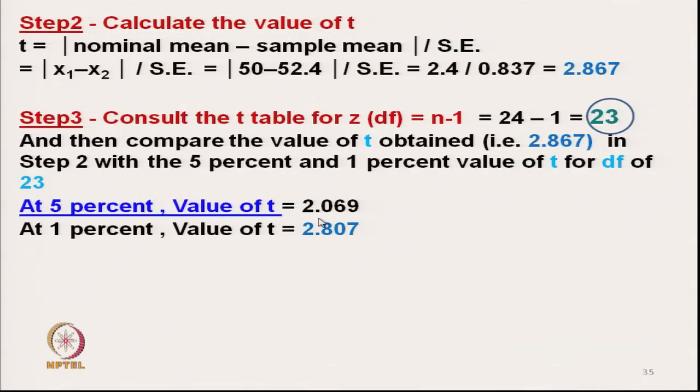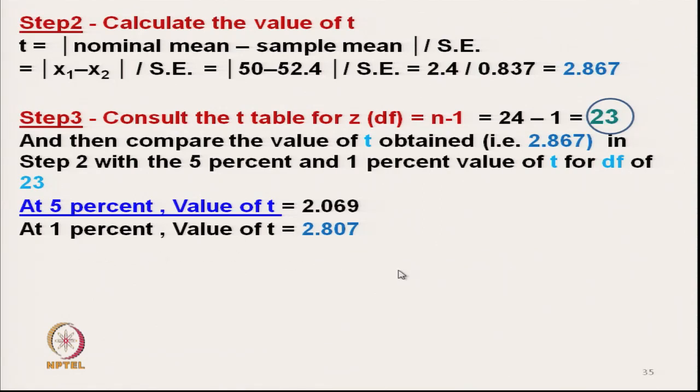These are taken from the table, and our calculated value is 2.867. Now, when we compare this 2.867 with the table values, it is higher than both.